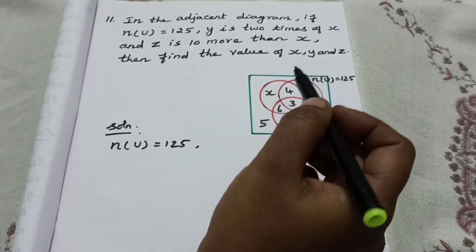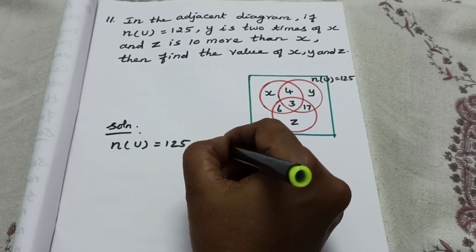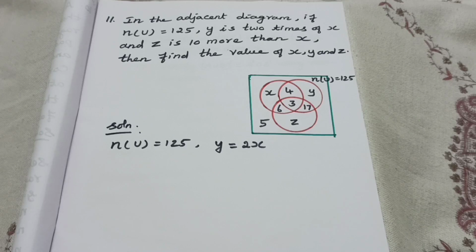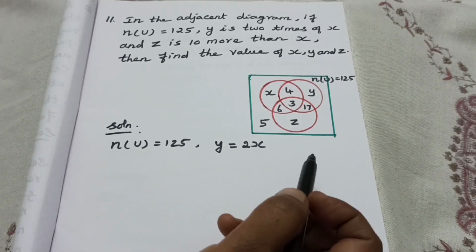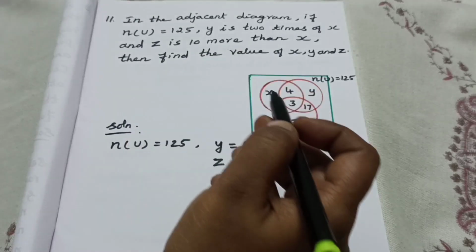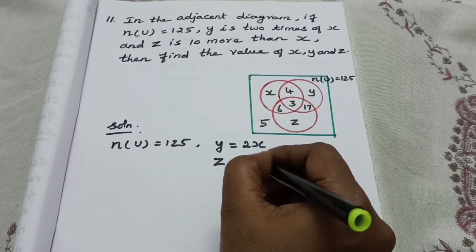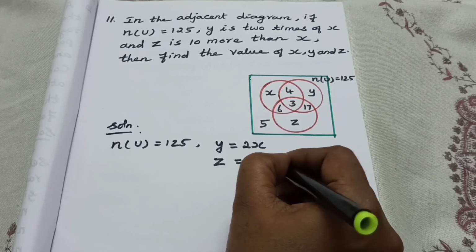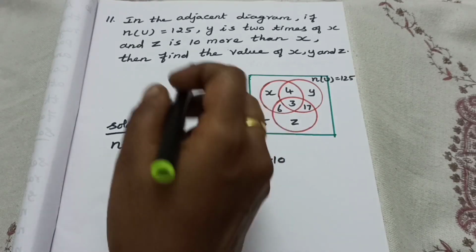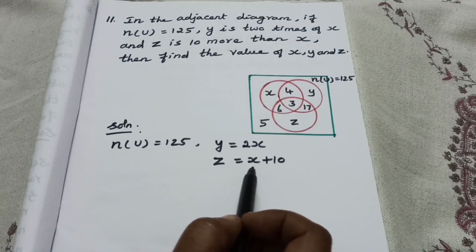Then one condition is given: Y is 2 times X, so Y is equal to 2 into X. Then again, Z is 10 more than X, that means X plus 10.